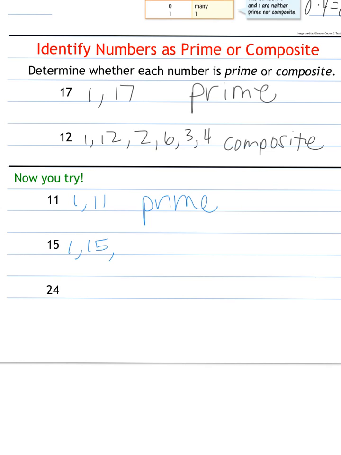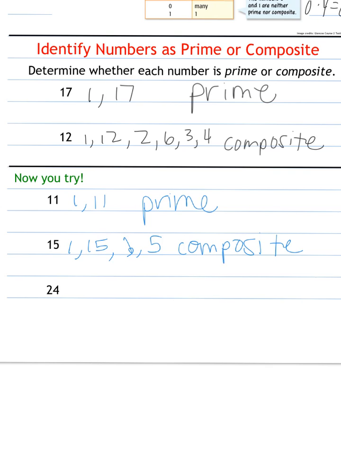It's not even, so 2 cannot. 3 goes in there 5 times. 4 does not. 5 does. We got 5 already. 6 does not. 7, no. 8, no. 9, no. We're over halfway. Now, there are more numbers that go into it than just 1 and itself, therefore making it composite.